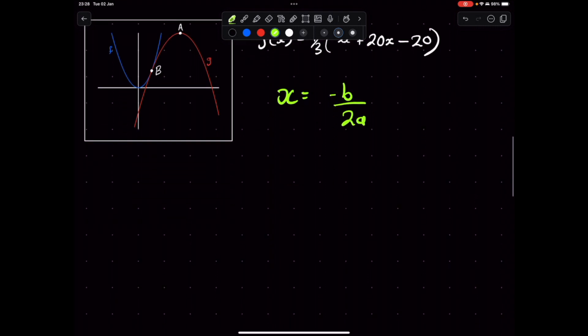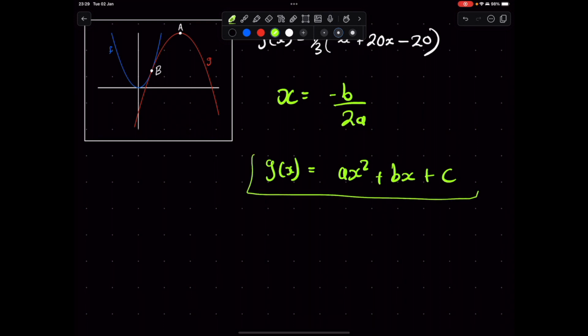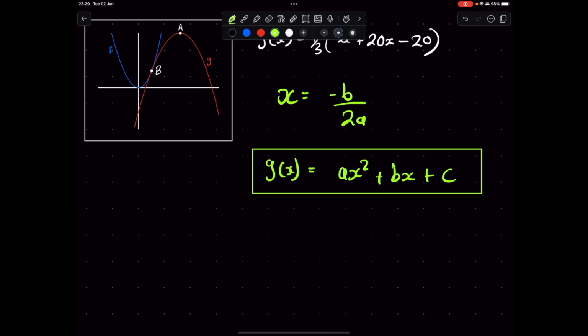Now remember, the equation of a parabola, in this case g of x, would be ax squared minus bx plus c, or plus bx plus c. It doesn't really matter with the sign conventions, so we'll use this for the sake of simplicity.